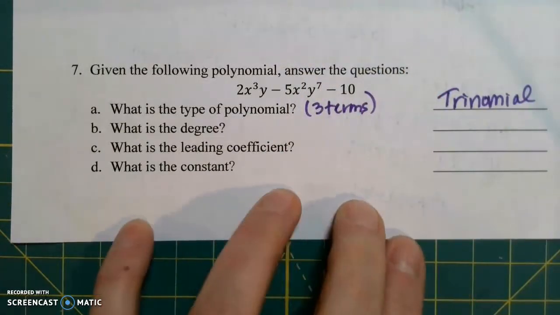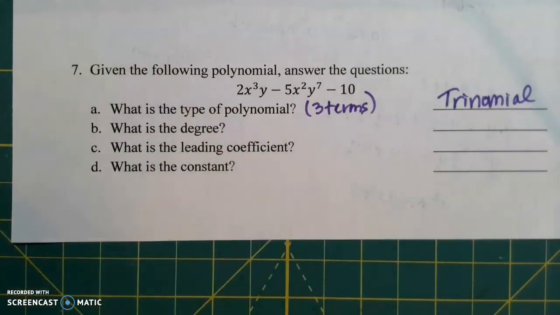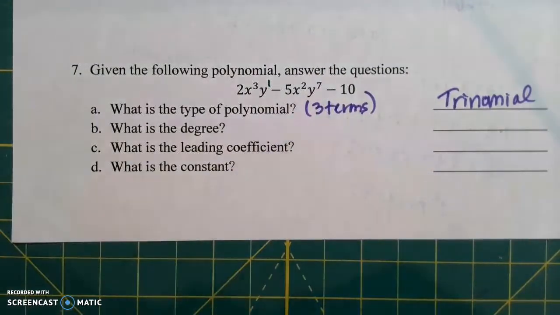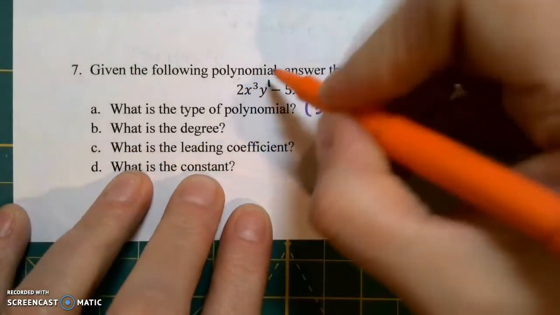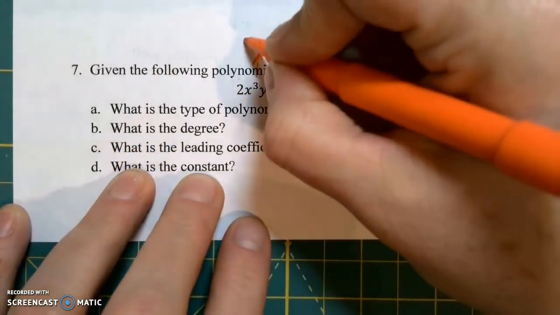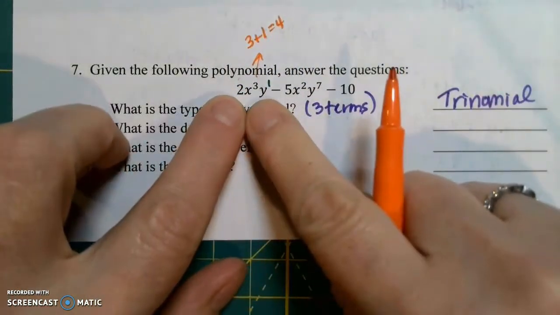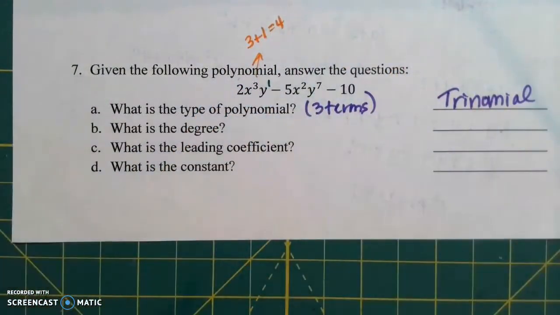For the degree, you're going to need to figure out what these are. Now remember, you're going to have to add the exponents together if you have more than 1 variable. So for this term, the degree would be 3 plus 1 or 4 because of the x cubed and the y to the first.